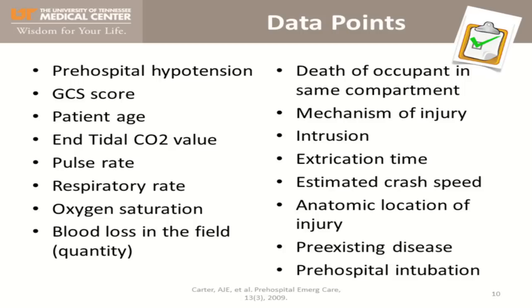The Glasgow Coma Score, the patient age, all vital signs including end-tidal CO2 value, pulse rate, respiratory rate, oxygen saturation, quantity of blood loss in the field, death of an occupant in the same compartment or same vehicle, mechanism of injury, intrusion into the compartment that the patient was located, extended extrication times, estimated crash speed, the anatomic location of injury or injuries, pre-existing disease, and pre-hospital intubation.